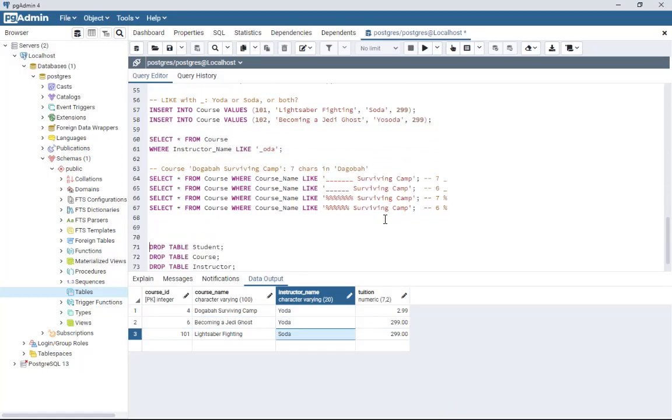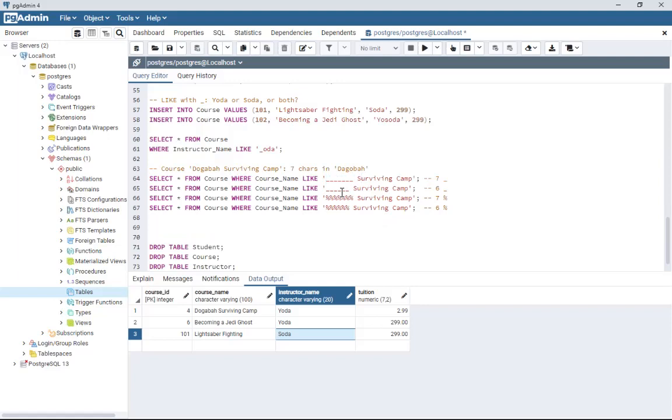Okay, now let's have the most fun part, which is the course Dagobah Surviving Camp. Dagobah is a planet in the Star Wars galaxy. It has 7 characters, right? So now I want to check, in the first where clause, 7 characters, 7 underscores.